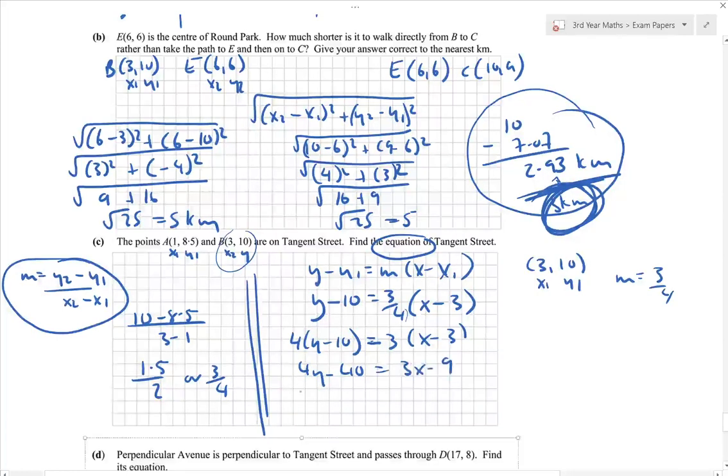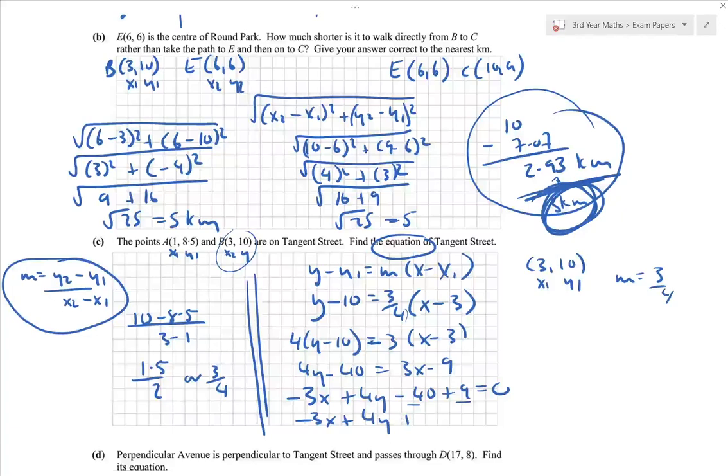Bring everything to the left-hand side. So it's minus 3x, because when it crosses the equal sign, it's minus 3x plus 4y minus 40 plus 9 equals 0. Simplify. Minus 40 plus 9 is, let's see, one second here.